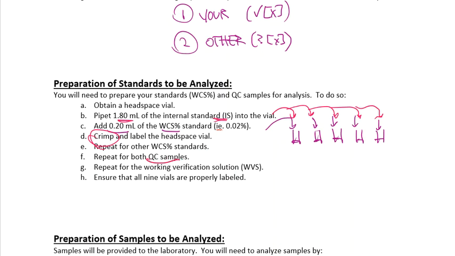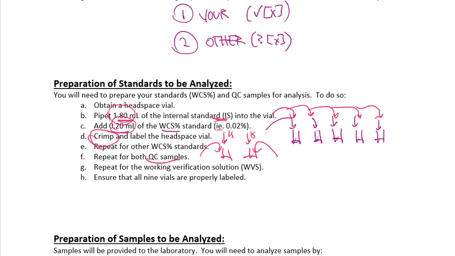Then you're going to do that with your QC samples as well. You're going to take additional vials. You've got one for you and one for the other QC that you've obtained. You're going to put 0.2 mLs of the QC here, 0.2 mLs of the other QC there, and then you put 1.8 mLs of the internal standard into each one of those.